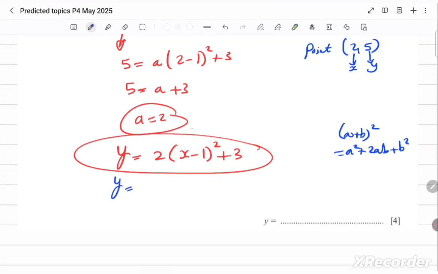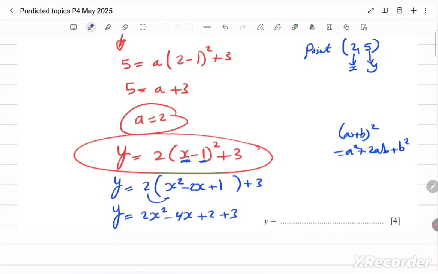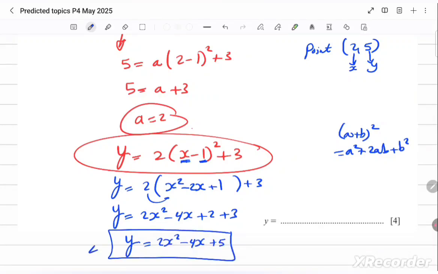So y equals 2 times: the first one squared, so x squared. The first one times the second one times 2, minus 2x. And the second one squared is plus 1. Now expand. 2x squared minus 4x plus 2 plus 3. So y equals 2x squared minus 4x plus 5. This is if you want to write it in this form. Okay, so this is the answer.